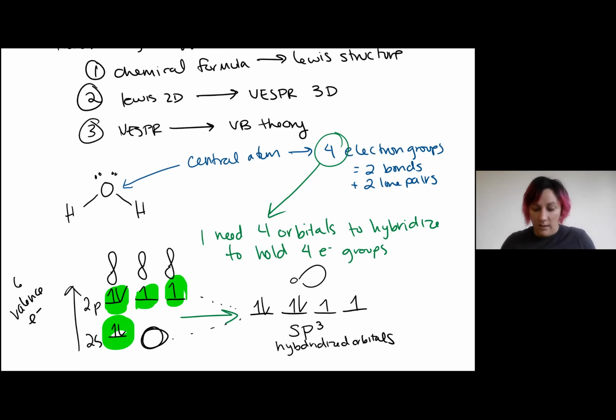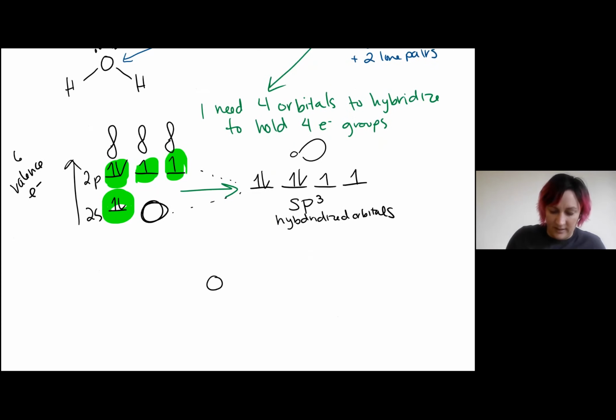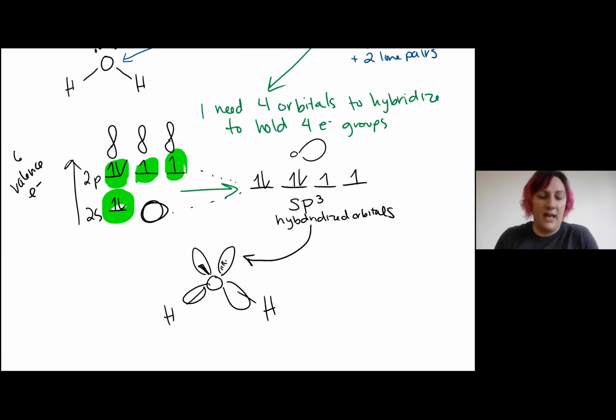Then I can layer this on top here as having these 4 hybridized orbitals, where one's going in and one's going to come out, right here. So these sp3 hybridized orbitals are these ones in black.